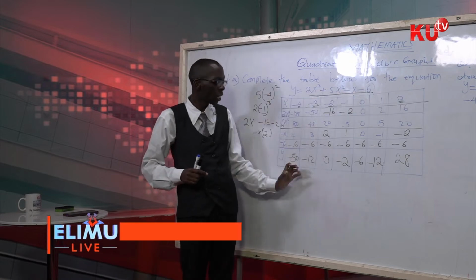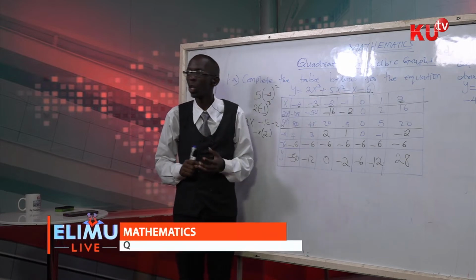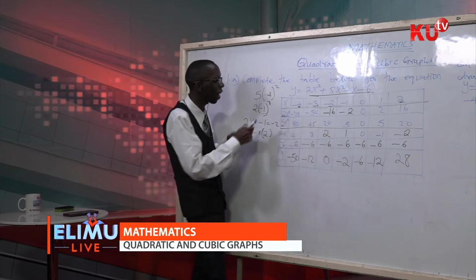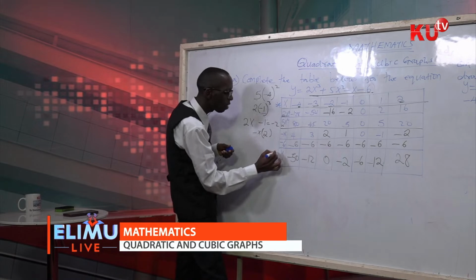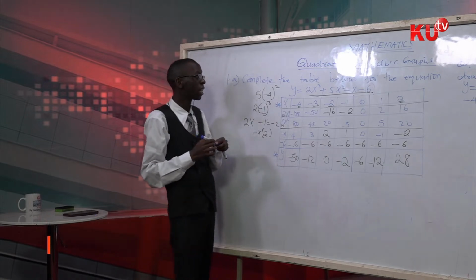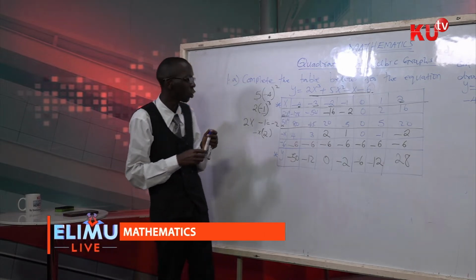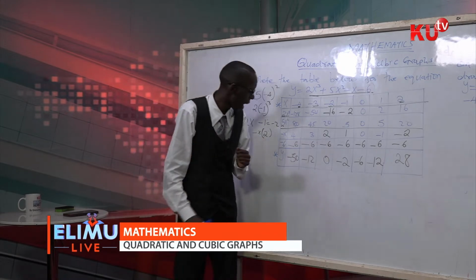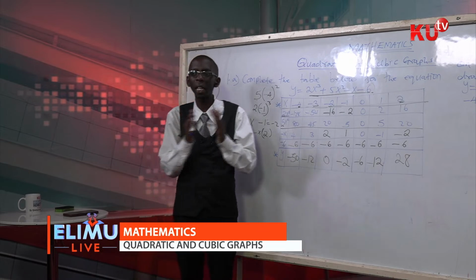So now you have already filled in the table using the equation given and gotten the values of y. So you are going to plot the graph using the values of x and the values of y that we have.